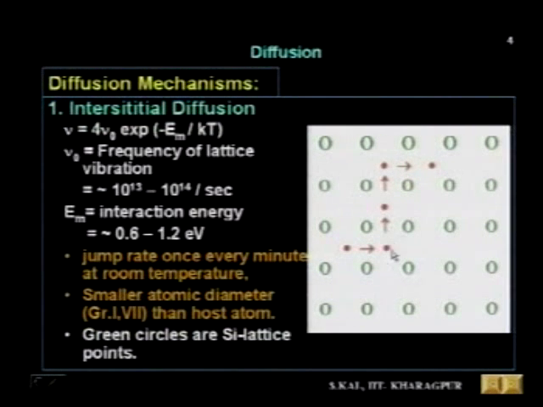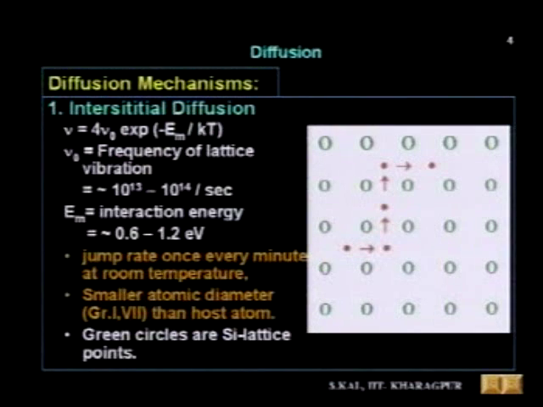Now, this movement of the impurity atom is dependent on temperature, and it has been observed the jump rate is once every minute. That is normally the frequency of jumping at room temperature. But obviously, if you increase the temperature, the jump frequency or jump rate will increase.